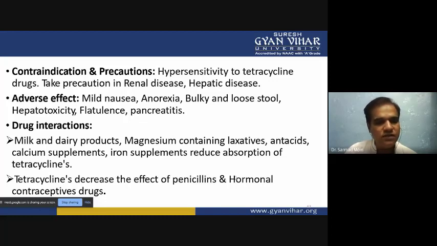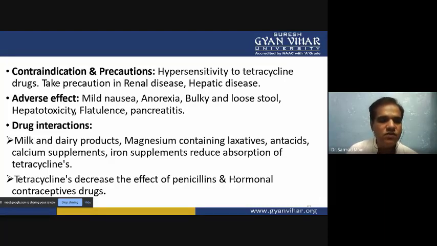We have to avoid these when taking tetracycline. Also, when penicillin and tetracycline are given in combination, tetracycline decreases the effectiveness of penicillin, and it also decreases the effectiveness of hormonal contraceptive drugs.